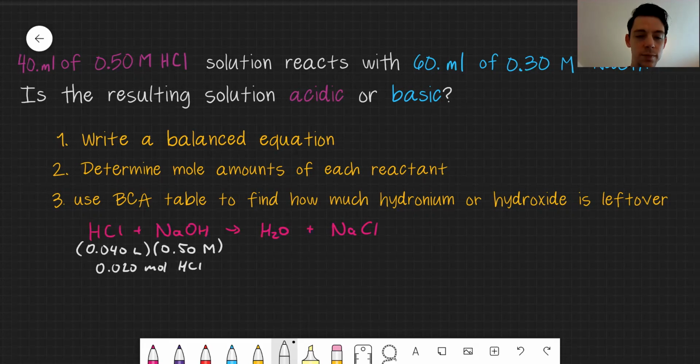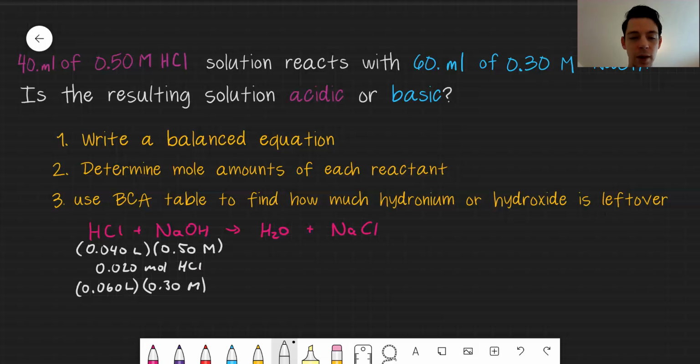I'm going to do the same thing for my base: 0.06 liters of base, times 0.3 moles per liter. Okay, and this comes out to be 0.018 moles of NaOH. So keep those numbers handy.